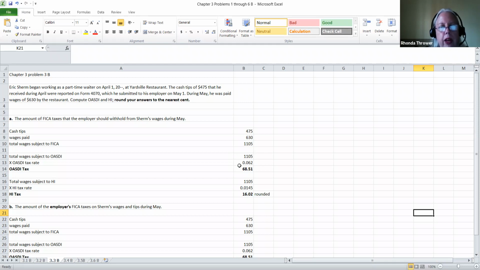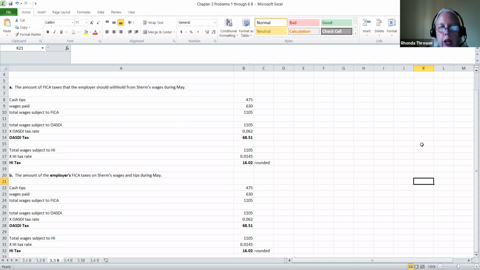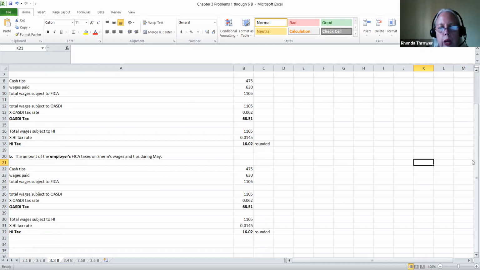So 1105 times 6.2% is how we get $68.51. To find the HI tax, 1105 times 1.45%, which is $16.02, and this was rounded. Actually carried out 3 places and rounded back to 2 according to our rounding rules.